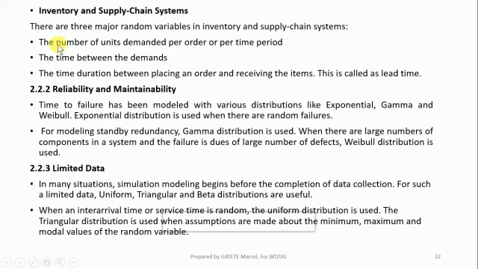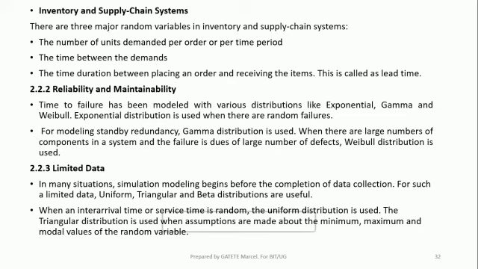For example, here the number of units demanded per order or per time period. Here we can calculate the number of units or components which has been demanded by the customer by one order or in a time period. It means that, for example, a company is ordering some products from you.